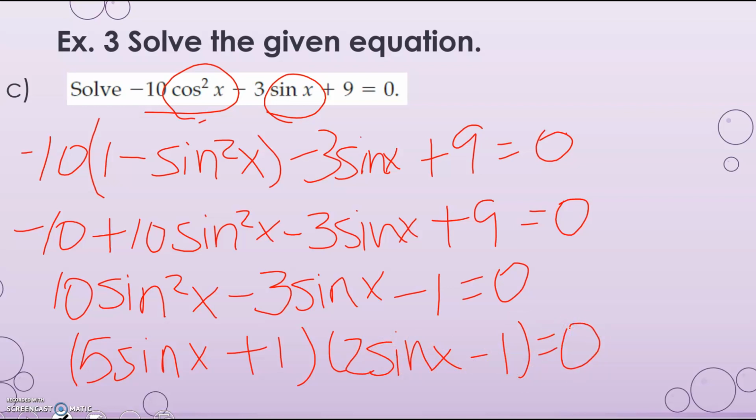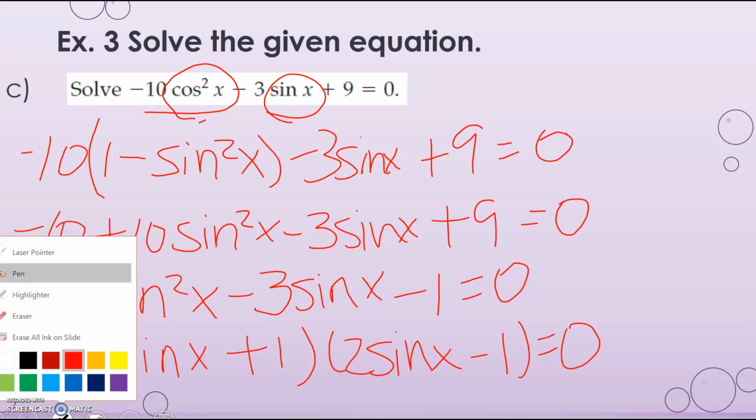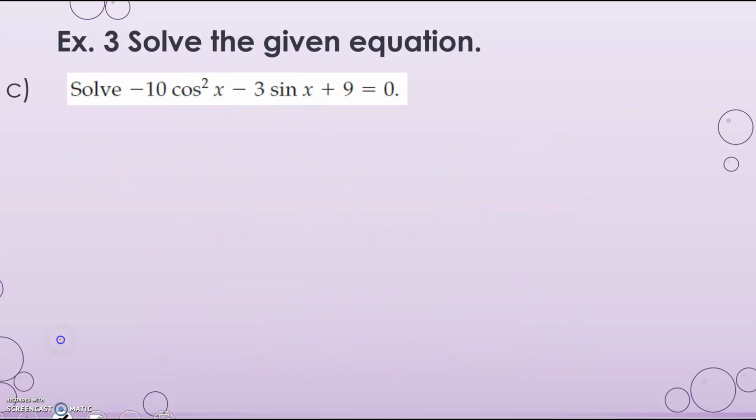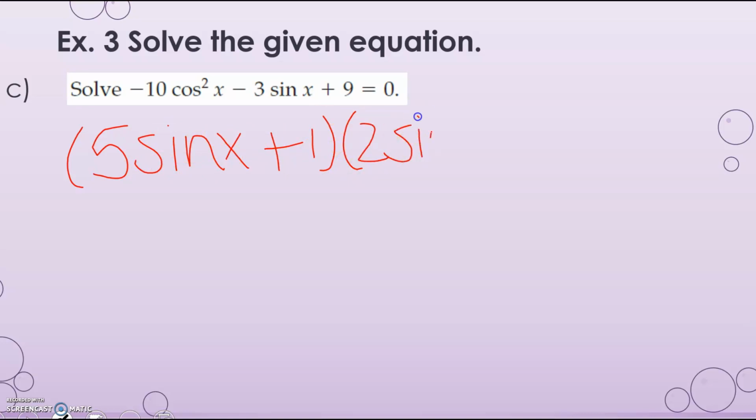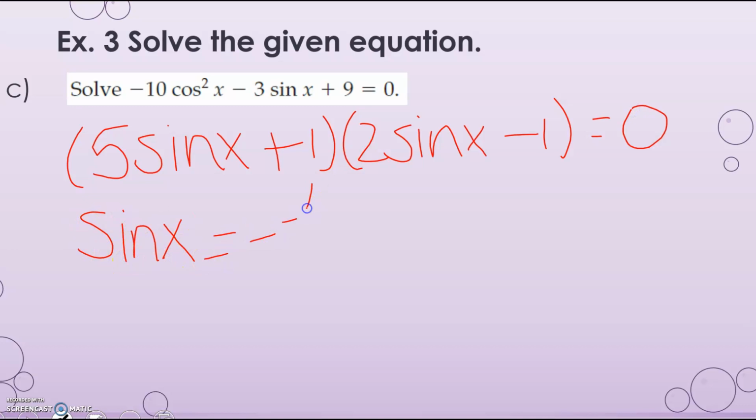From here, we have 5 sine x plus 1 equals 0 and 2 sine x minus 1 equals 0, which then sine x is equal to negative 1/5, and sine x is equal to 1/2.